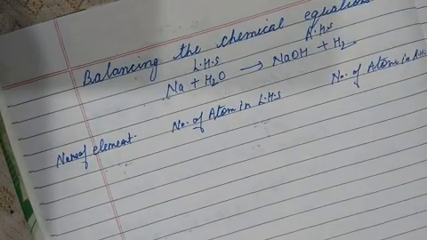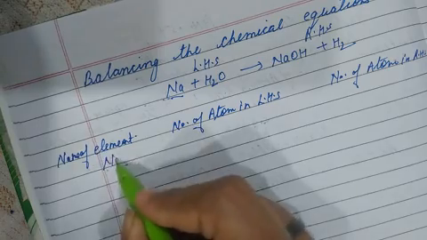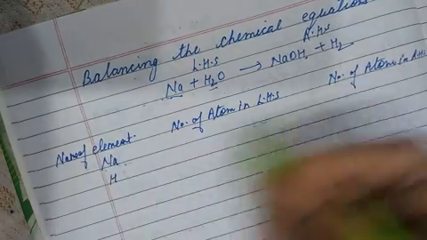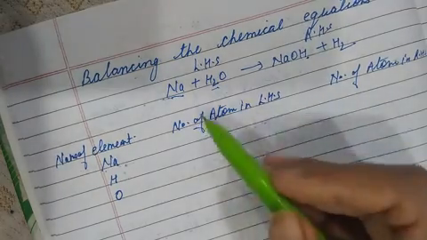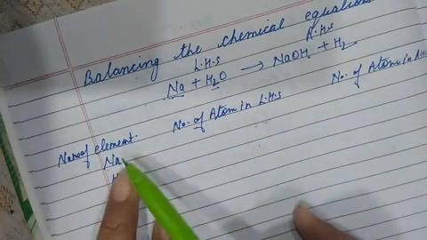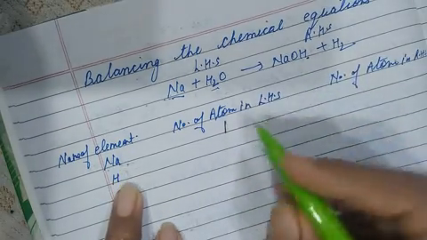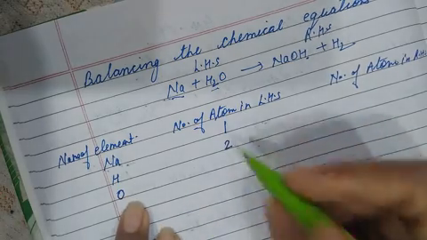So now the elements are sodium, hydrogen and oxygen. Now count the number of atoms in LHS side. You can see the number of atoms of sodium in LHS side is 1, hydrogen 2, then oxygen 1.